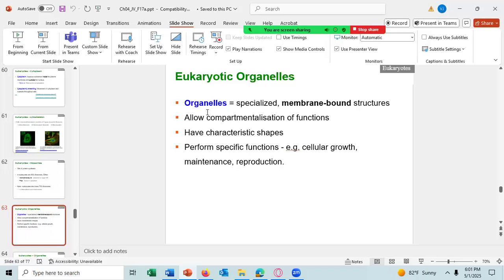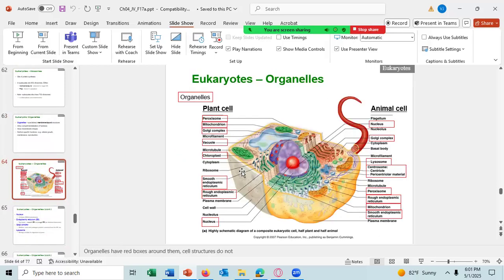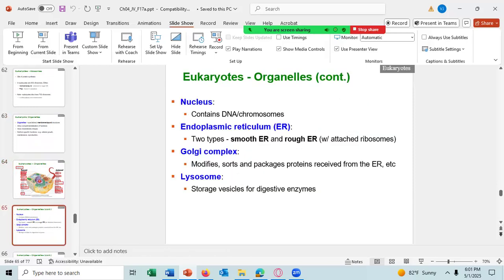Like the nucleus is a membrane-bound organelle, which serves to hold and protect the DNA. There are some of the different organelles of a plant cell and an animal cell. I'm not going to go through this.